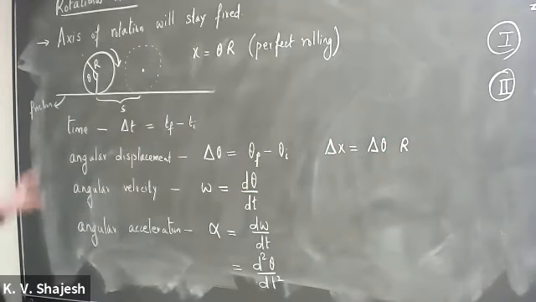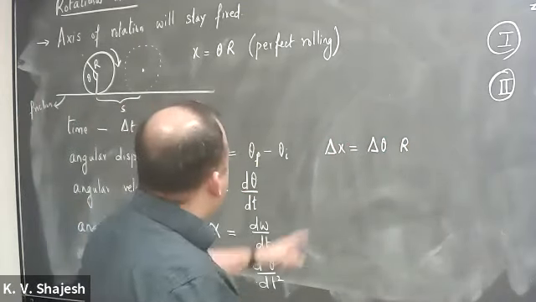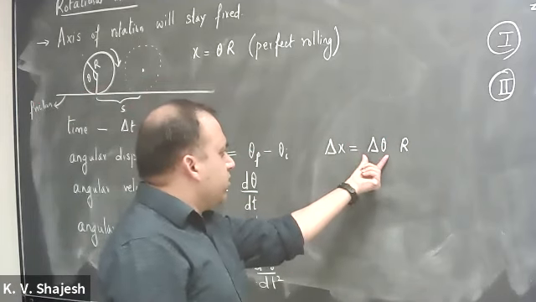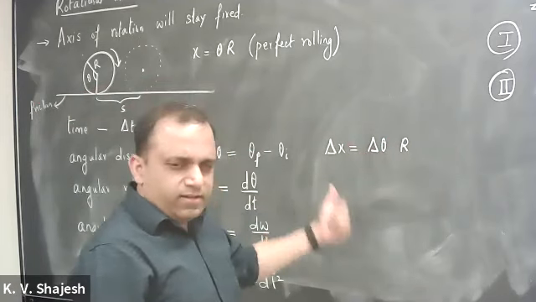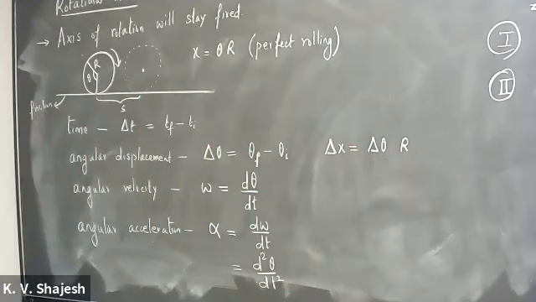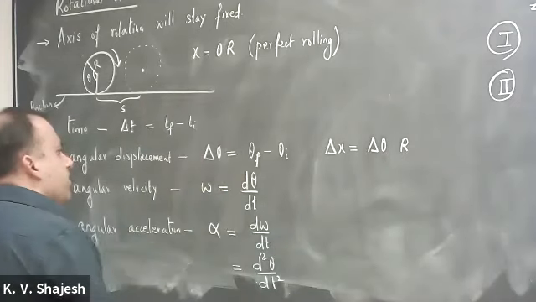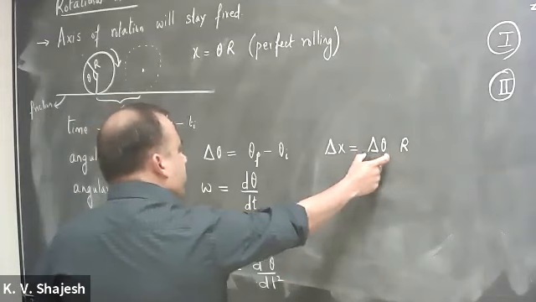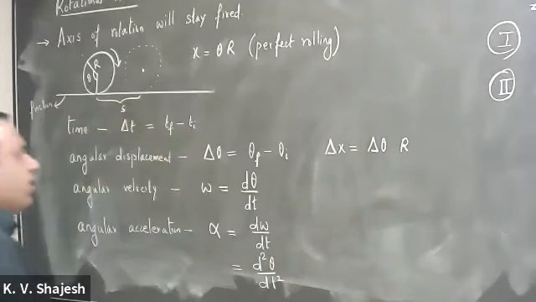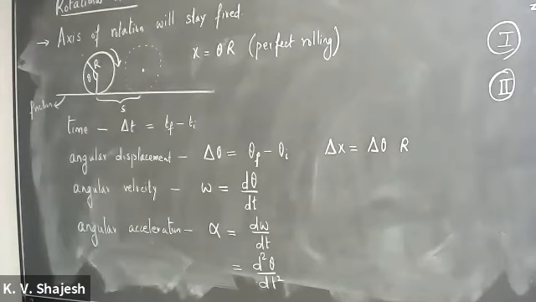So if I'm interested in how far the block is moving, if I know the angular displacement, I multiply by the radius, I get the translational displacement. Just a scaling parameter, of course with the unit of meter there. This is measured in radians, and this is in radians multiplied by distance.